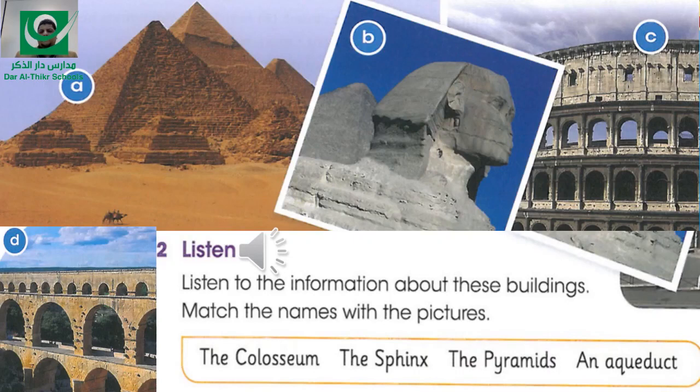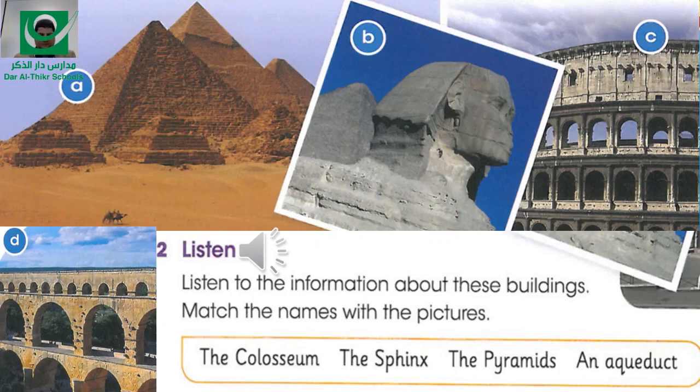Track 39. 1. There's lots of information about ancient Egypt on this page. Look, it says that ancient Egypt was one of the greatest civilizations of the past. Egypt is in northeast Africa, and the ancient Egyptians lived on the banks of the River Nile.